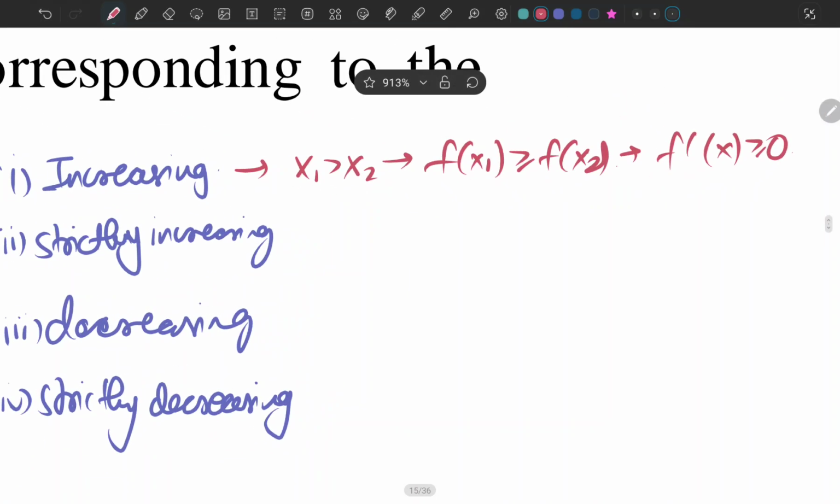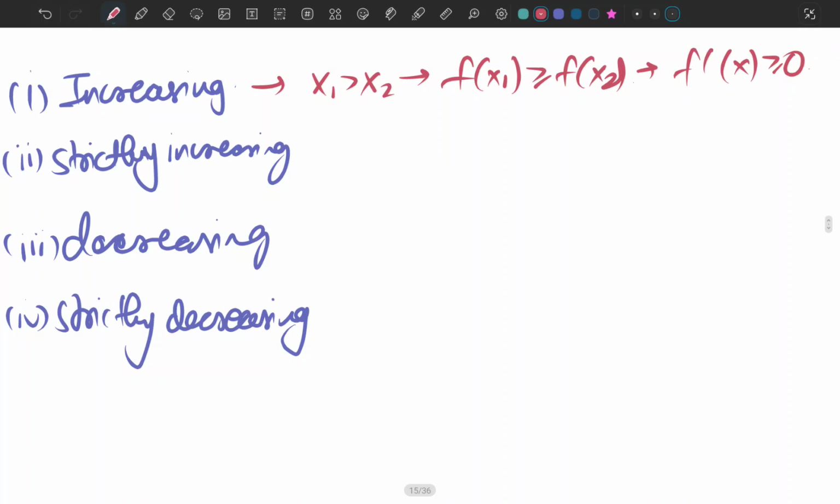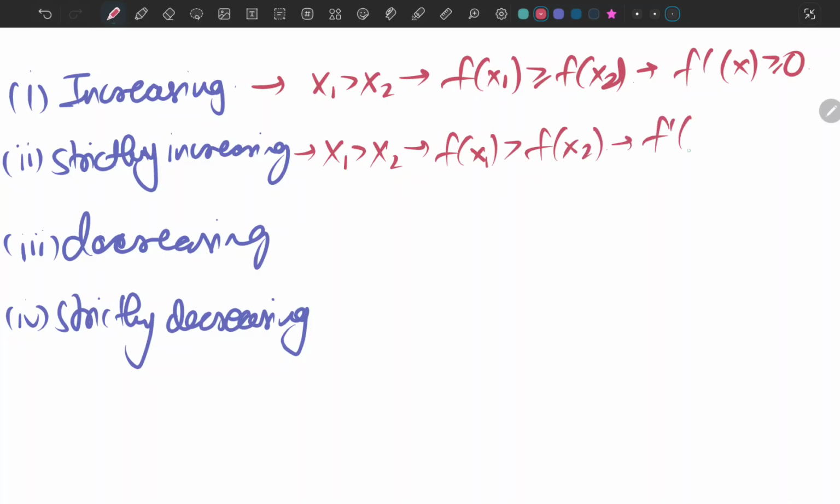Note it down, because you are surely going to see a question or maybe a couple of questions in your boards or exams. And if it's strictly increasing and x1 is greater than x2, then f of x1 is just greater than f of x2. It's not equal to, right? That means that f dash x is greater than 0.